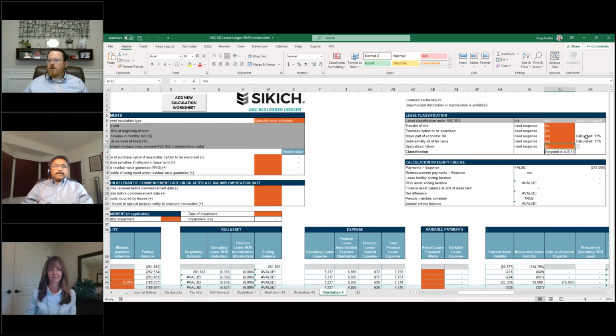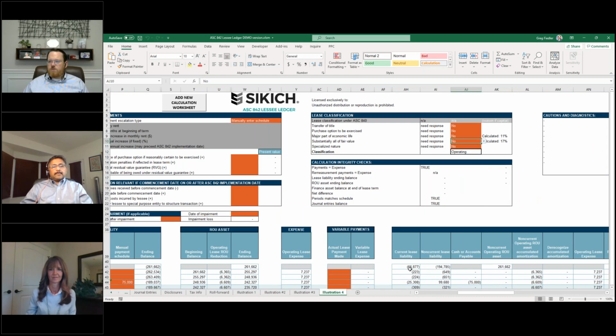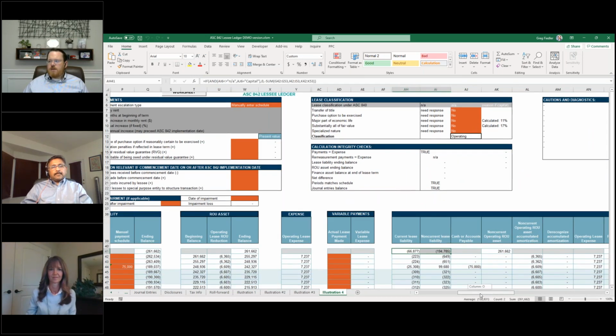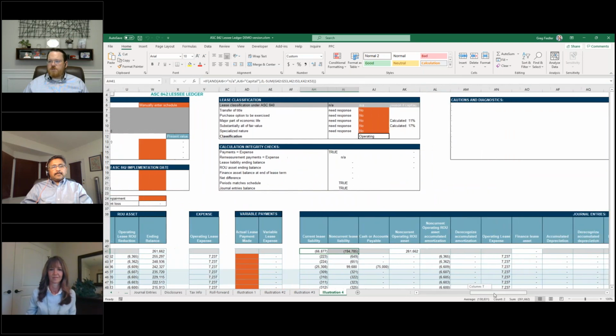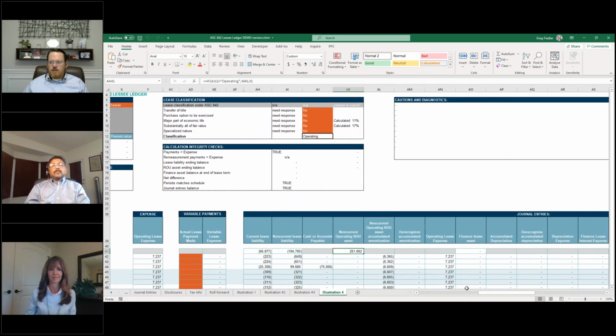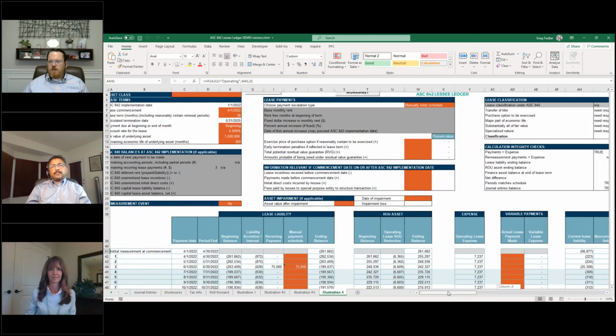So again, we look at our major part and substantially all tests, and clearly these are no in this circumstance. And so we have an operating lease where we would recognize down here in our journal entry the current and long-term portions of the lease liability as well as the calculated right of use asset.